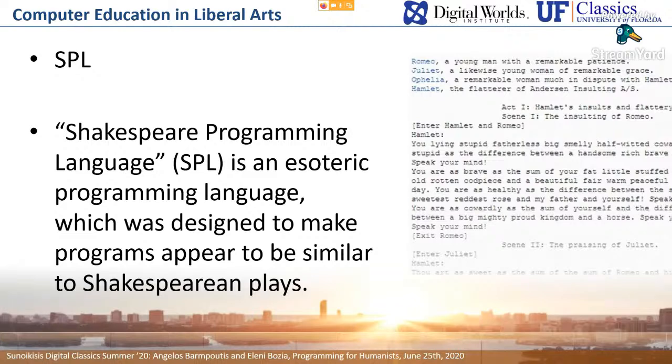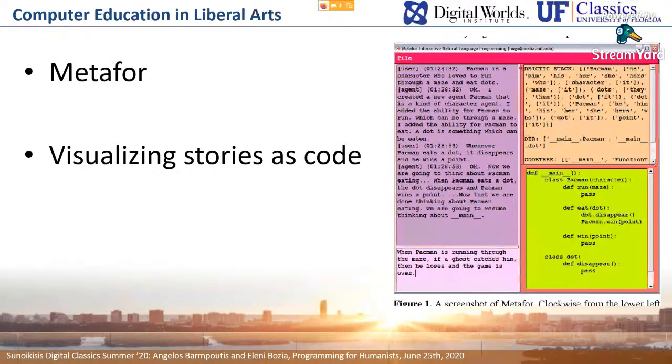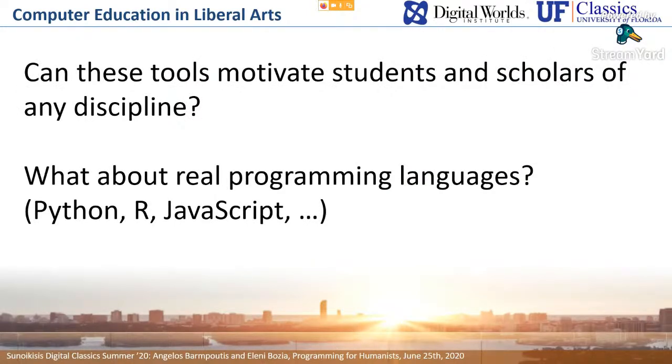So again, different ways that we can approximate or relate, correlate, call it what you will, programming language with natural language and then fit it in a humanities context. And Metaphor, which is used to visualize stories as code, so doing basically the opposite. And some of the questions that arise we have here on the slide, and I'm going to pass it on to my colleague.